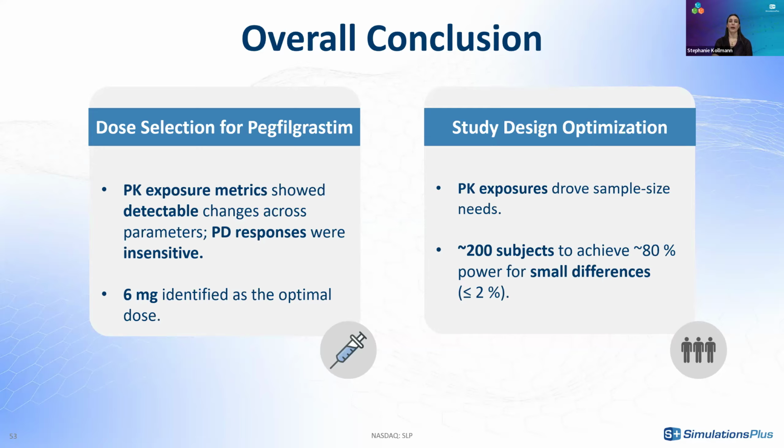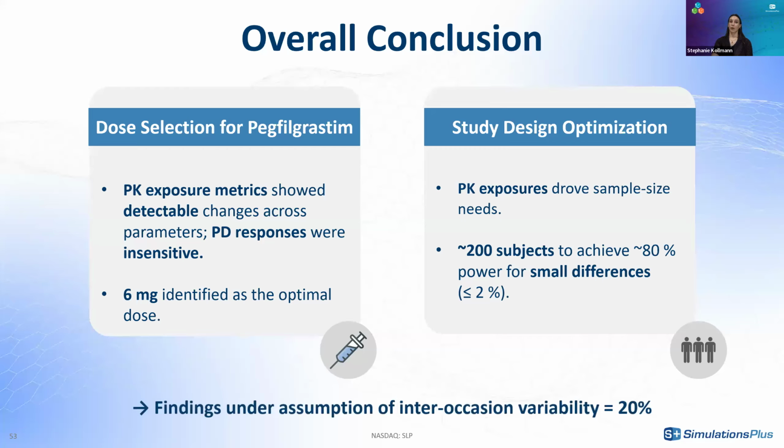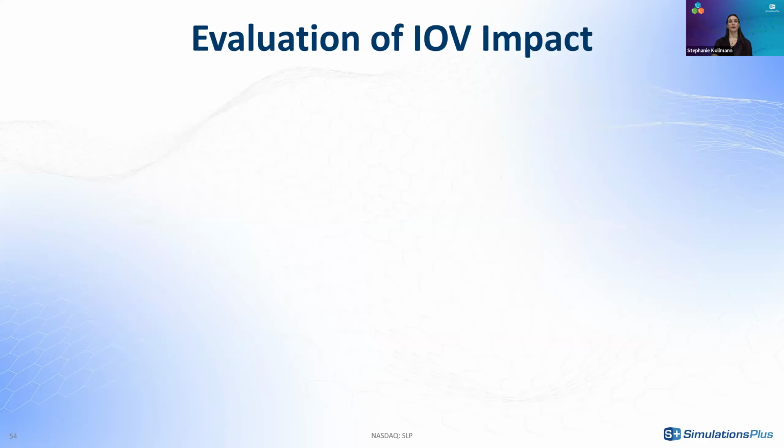The PD endpoints consistently met the bioequivalence criteria, confirming that they were not sensitive to these perturbations. And importantly, all these findings were obtained under the assumption of 20% interoccasion variability, representing realistic within-subject differences expected in a crossover biosimilarity study.